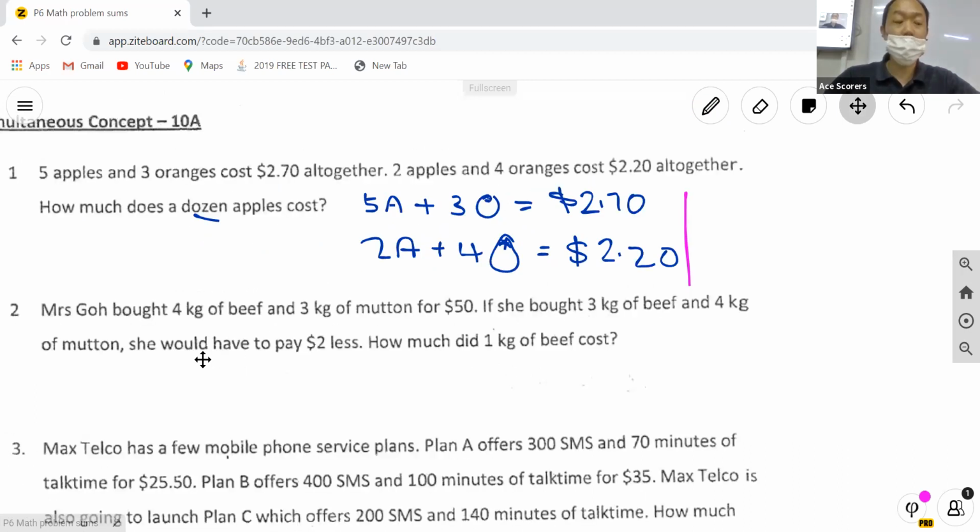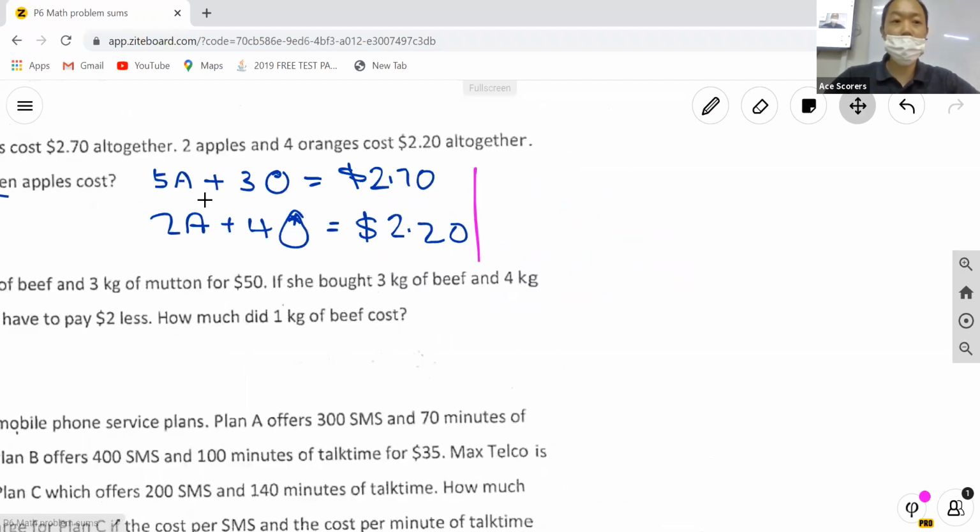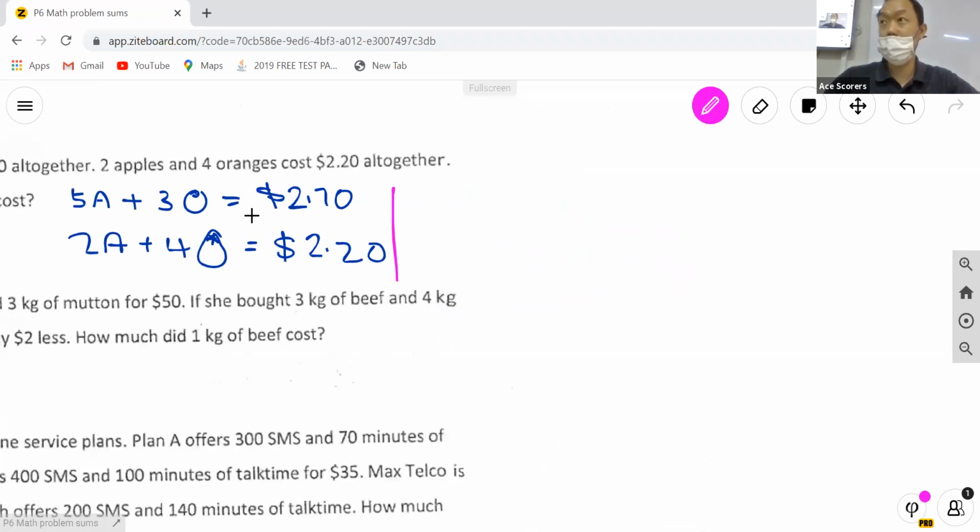Let me show you. Let's make oranges the same. I want to make it 12 oranges. So the first equation I have to times 4. So I get 20 apples plus 12 oranges, oranges is a star, equals, now help me with this.